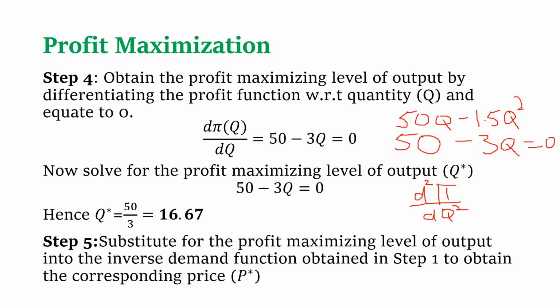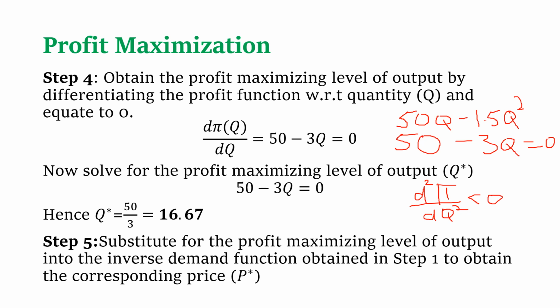If it has more than 2 variables, it becomes a multivariate function, but this is not a multivariate function. So that is why we don't use the partial derivative here, okay? There is nothing we hold constant here. You get the point I'm making? So we have d squared pi over dq squared, and that one should be less than 0. It has to be negative.